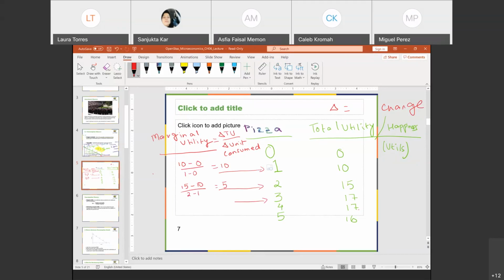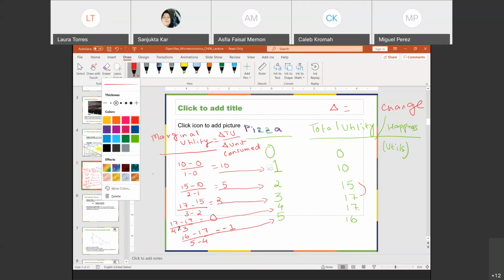For unit 3, this is 17 minus 15 over 3 minus 2, that's equal to 2. For the fourth unit, this is 17 minus 17 over 4 minus 3, that's 0 over something, which is 0. For the fifth unit, this is 16 minus 17 over 5 minus 4, and this is -1.